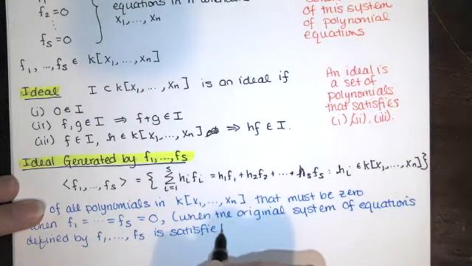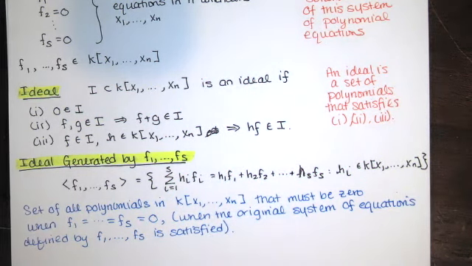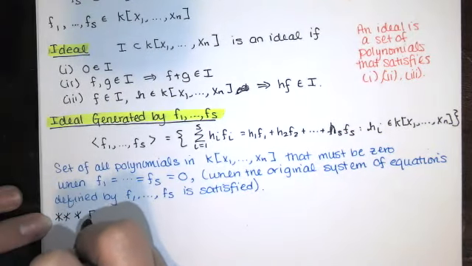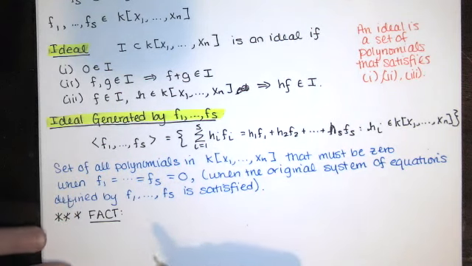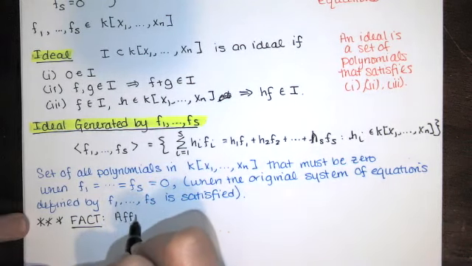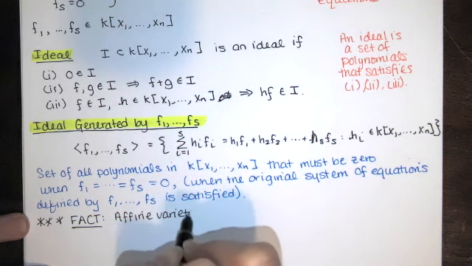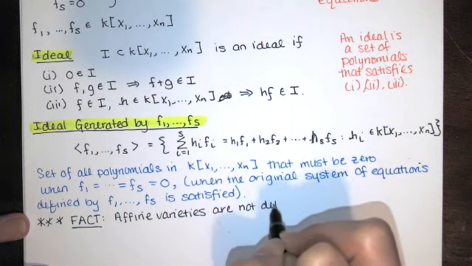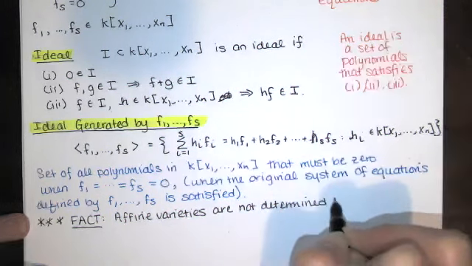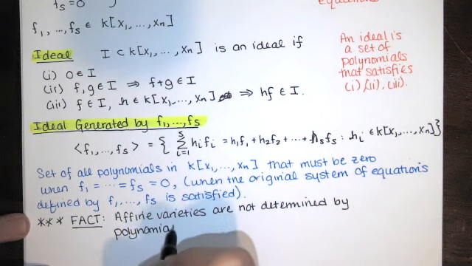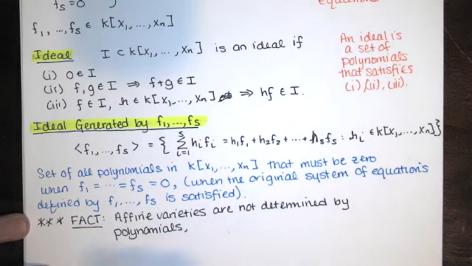At the end of the last video, we talked about this very important fact, and we looked at a couple of concrete examples. We said that affine varieties are not determined by polynomials. Instead, they're determined by ideals generated by polynomials.